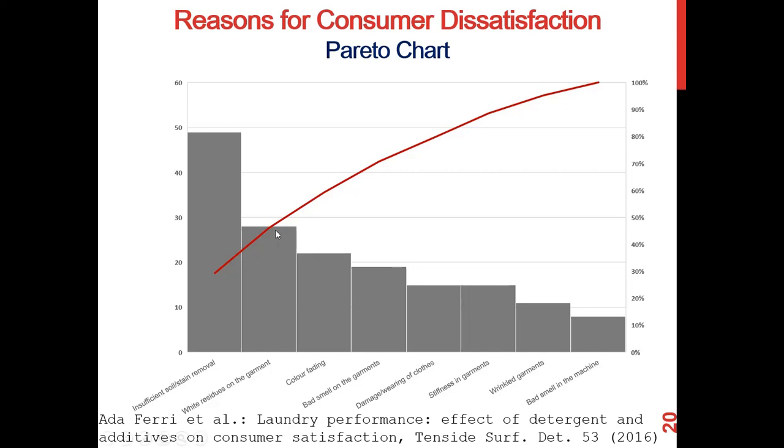So the Pareto chart tells me that if I somehow fix my detergent to remove the first two problems, then I'm automatically making 50% of the people happy. Even though there are 8 reasons, the other reasons are comparatively minor. So with just these two, I'm automatically making 50% of people happy. In fact, even with just one reason, I'm making more than 25% of people happy.